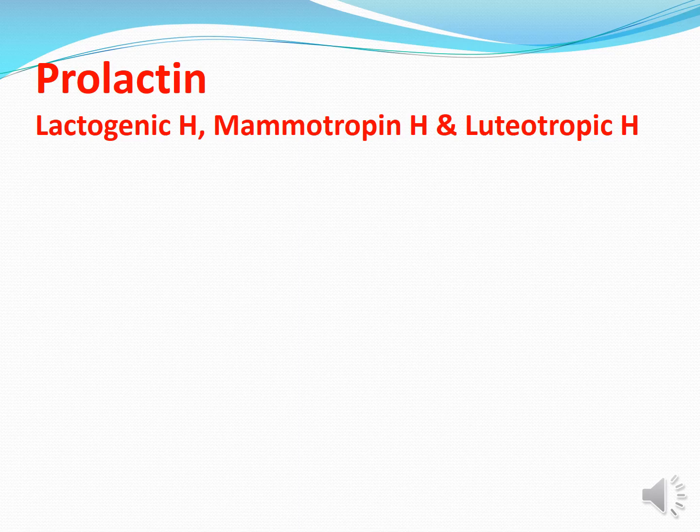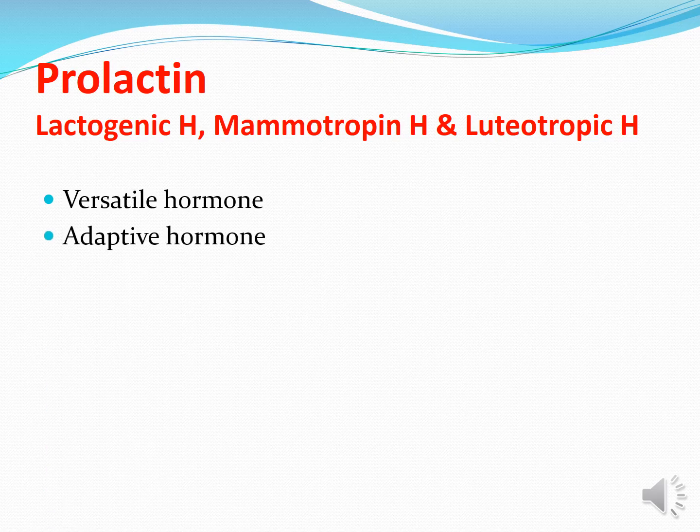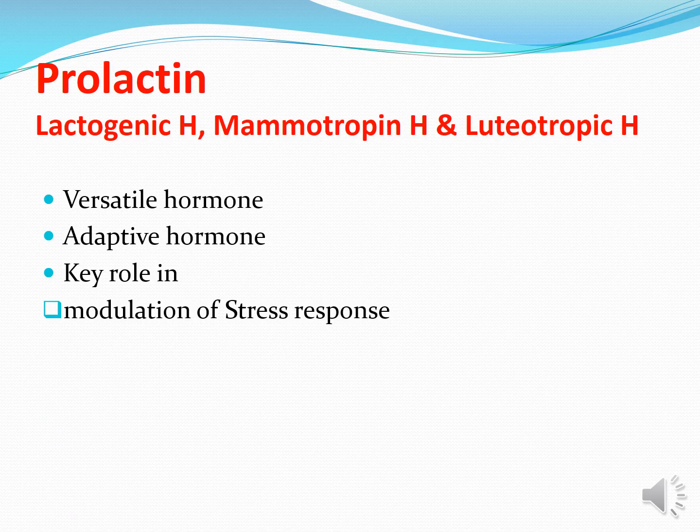Prolactin is also called lactogenic hormone, mammotrophin hormone and luteotrophic hormone. Prolactin is one of the most versatile hormones. It is considered an adaptive hormone due to its key role in modulation of stress responses and during pregnancy and lactation.